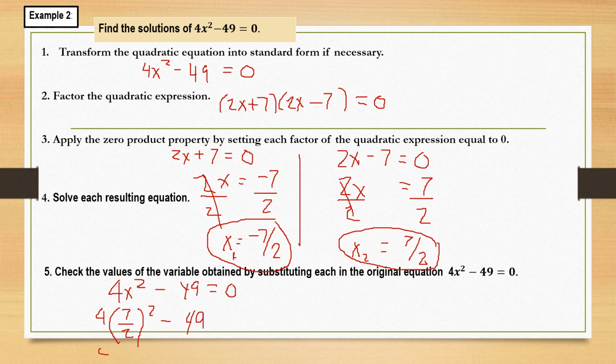So we have 4 times 7 over 2 squared is 49 over 4, minus 49 is equal to 0.